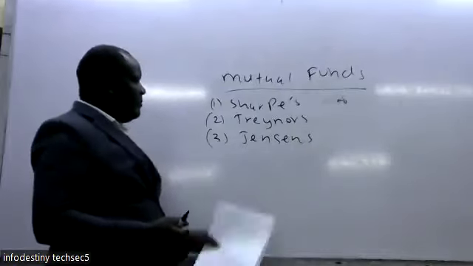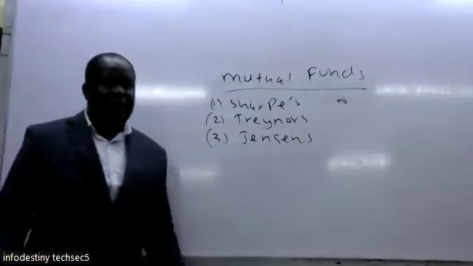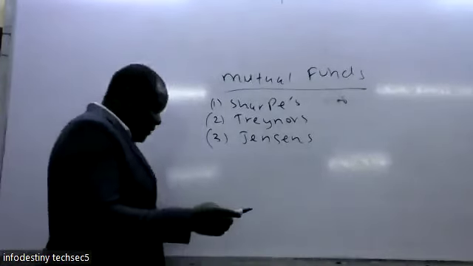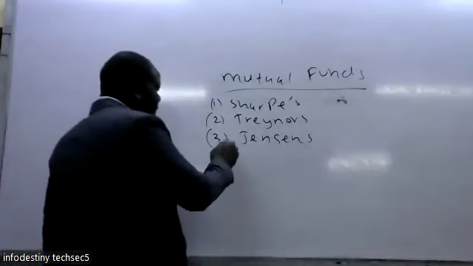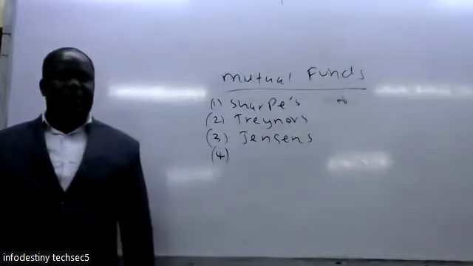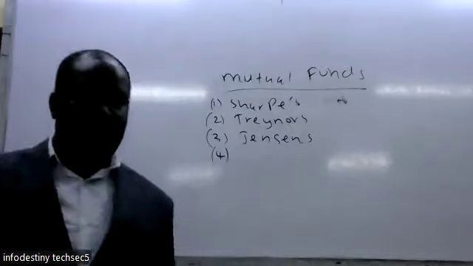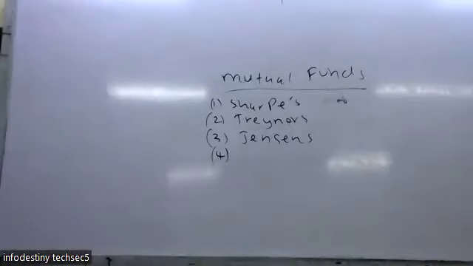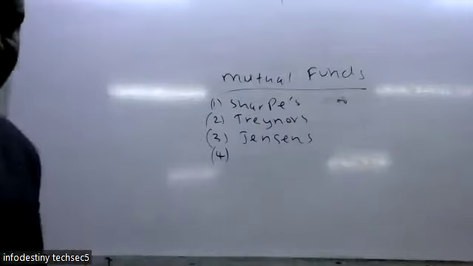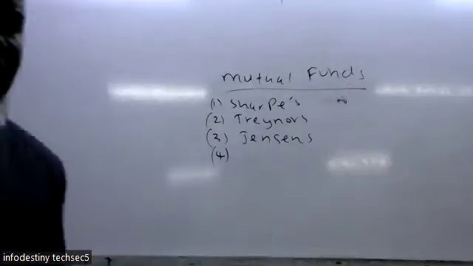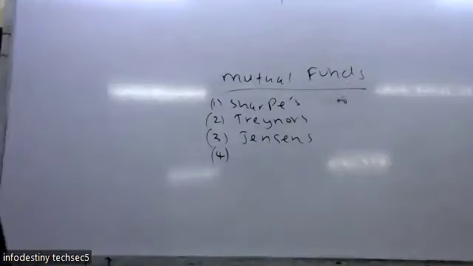Number three will be the Jensen's performance measure. Then number four will be the appraisal ratio, or information ratio, performance measure.